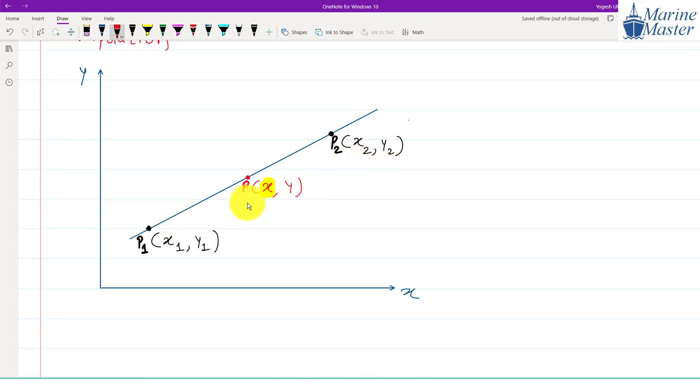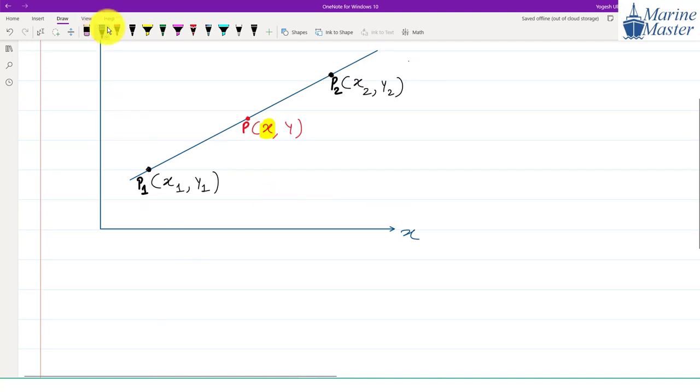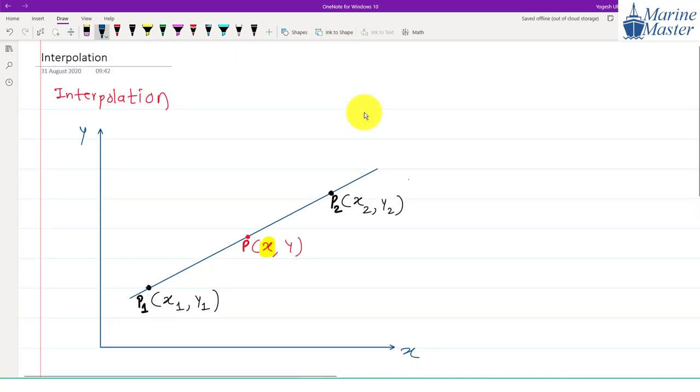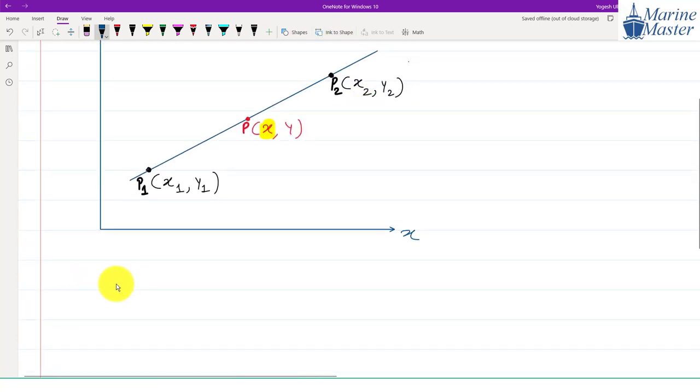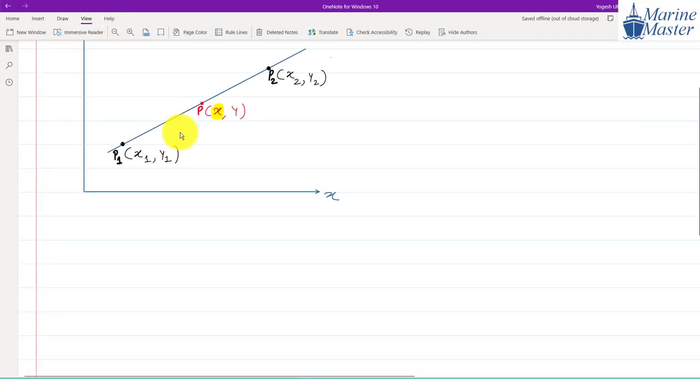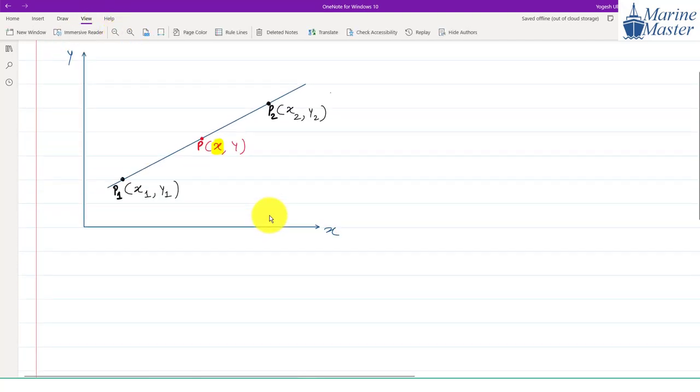Now we know the slope of a line, guys, if you remember our basic mathematics discussion.